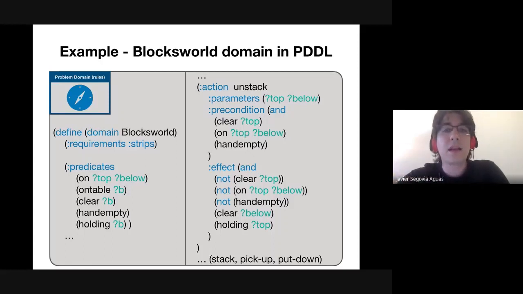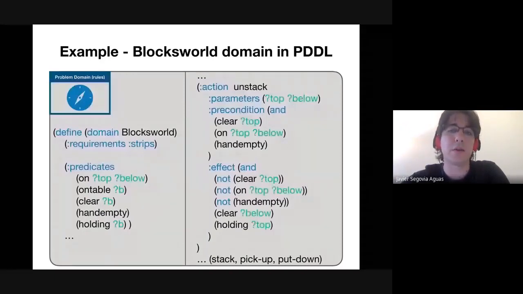Then an action. We show just one example of an action in this domain, which is unstack. In unstack, we have two parameters. We have top and we have below, which are two possible blocks, the block on the top and the block below. Which are the preconditions to apply an unstack?